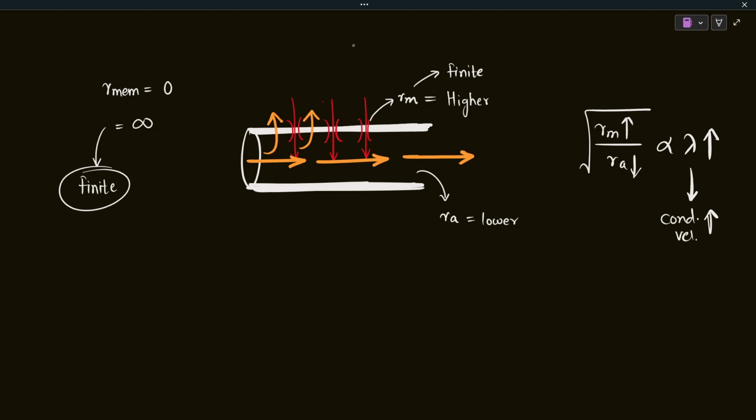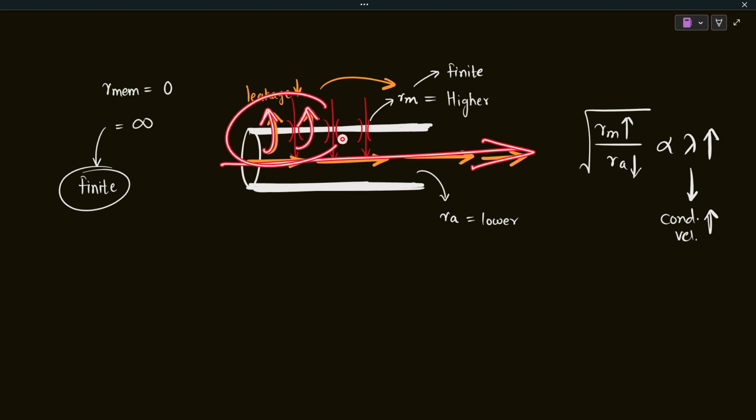Whatever I'm representing with orange color, for decreasing this leakage, we need to increase the membrane resistance. But we need to lower the axoplasmic resistance, because we need to ensure that the current will flow in this direction, not in this direction.